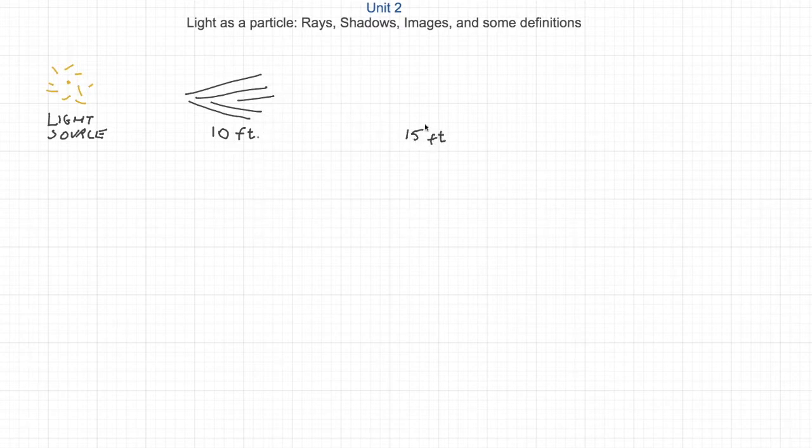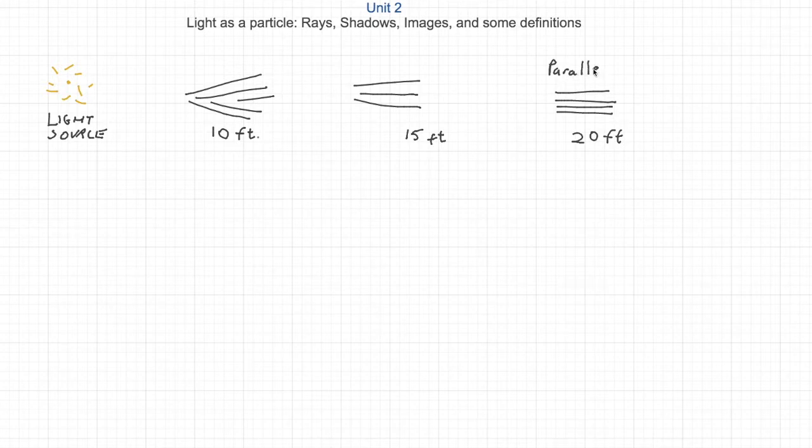If you get a little further away, let's say 15, they get even more parallel. And at 20 feet away from the light source, the light rays are parallel. May not quite appear that way, but I've already told you about my artistic ability. So at 20 feet from the light source, rays are parallel.